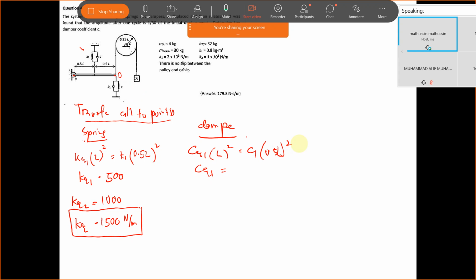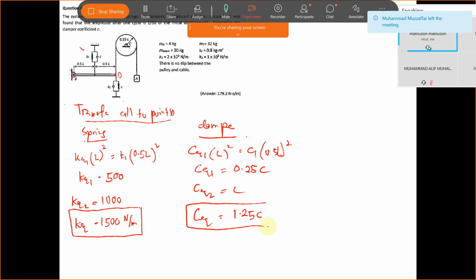So 0.25 C, isn't it? 0.25 C. Okay. And then for C equivalent 2 equals C. Then our C equivalent must be 1.25 C. So that is our C equivalent.